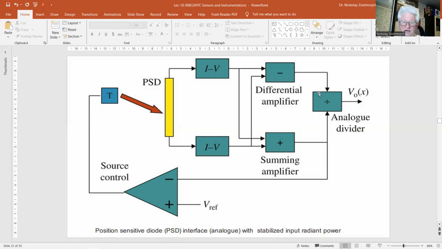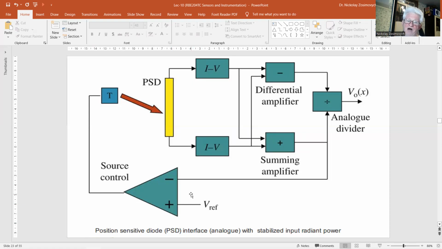Namely, the figure on this slide gives an example of such a control circuit. Here the signal processing is performed by an analog circuit. The output of the summing amplifier is compared with a reference voltage Vref, as we can see here on the bottom.